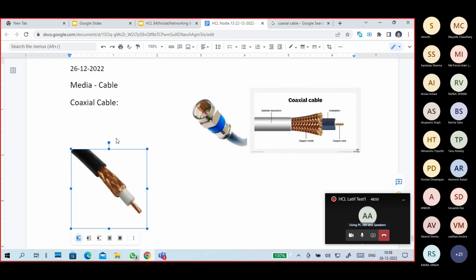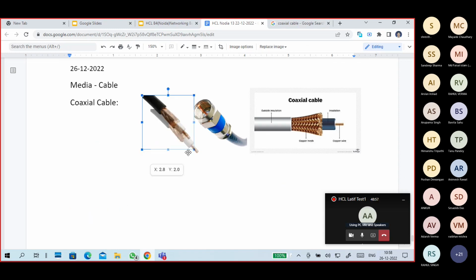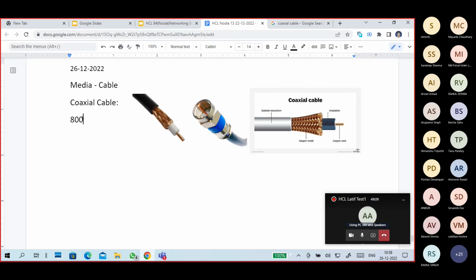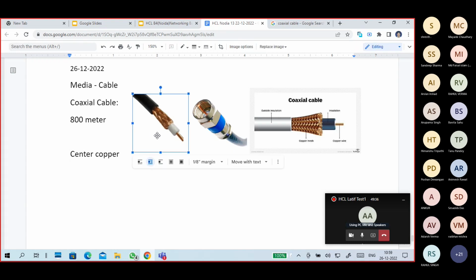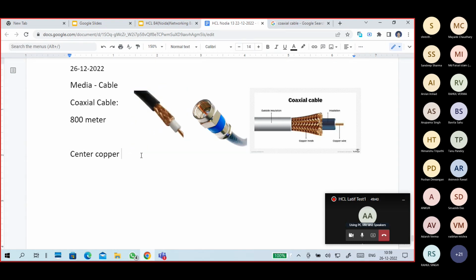It should support 800 meters of signal strength.